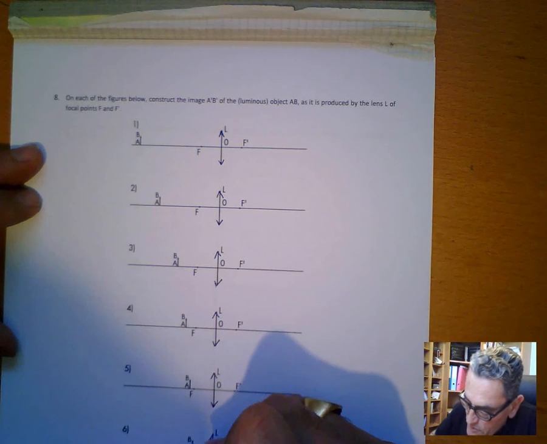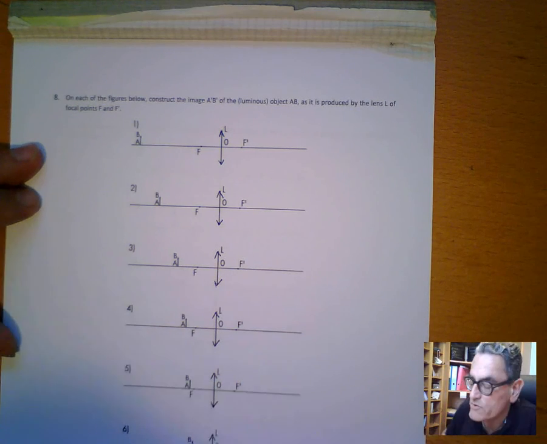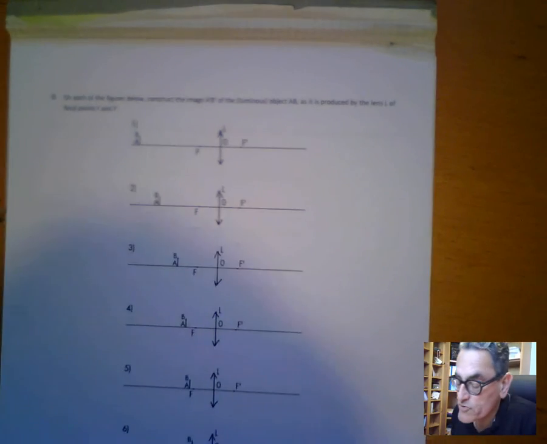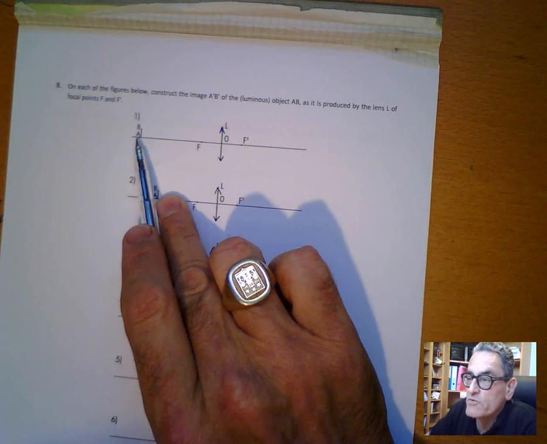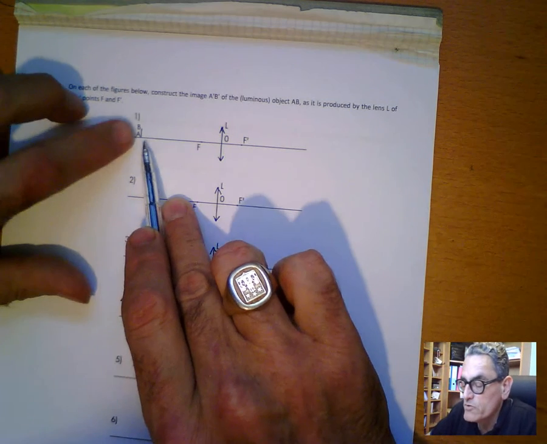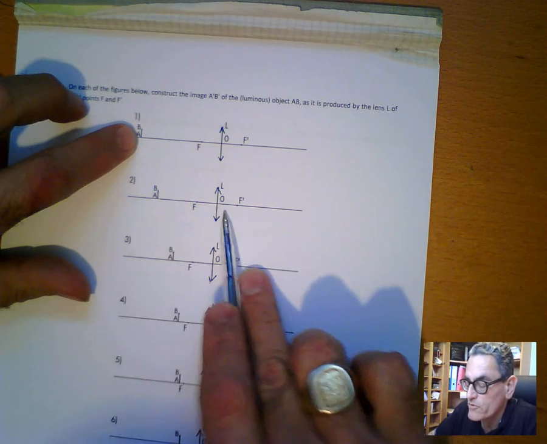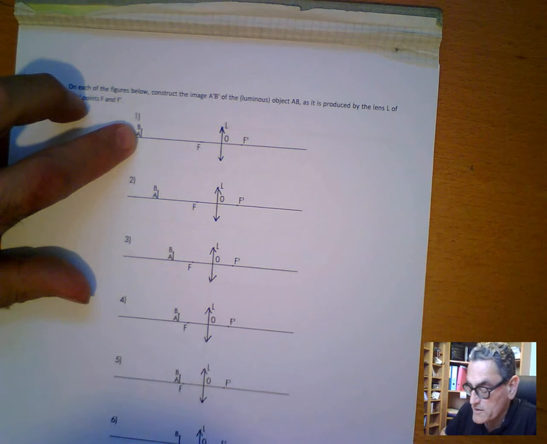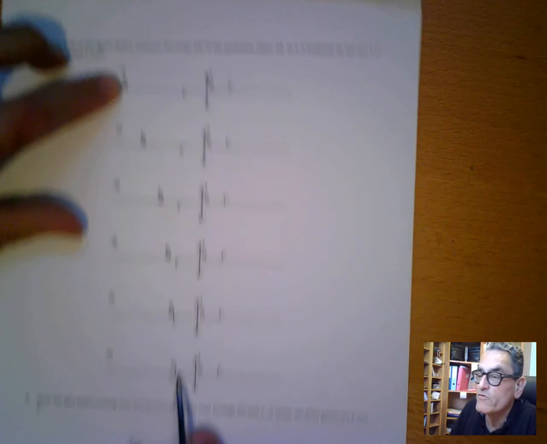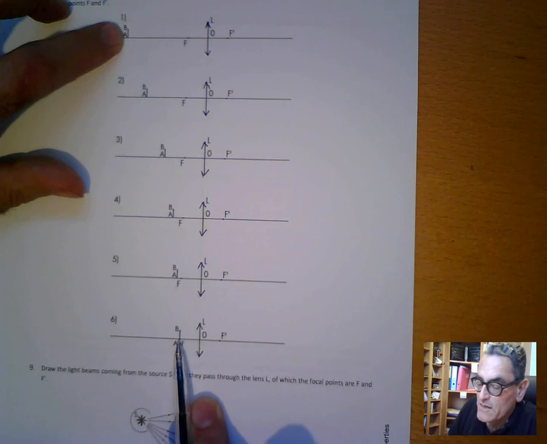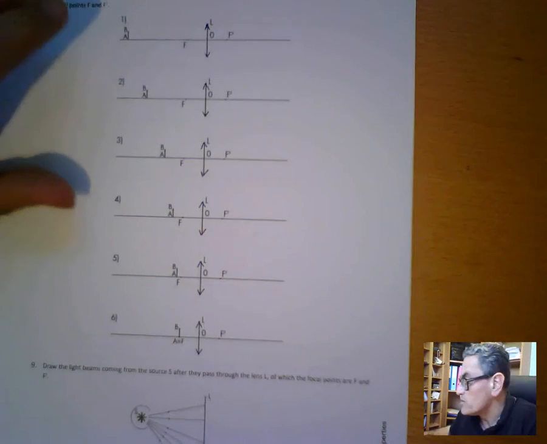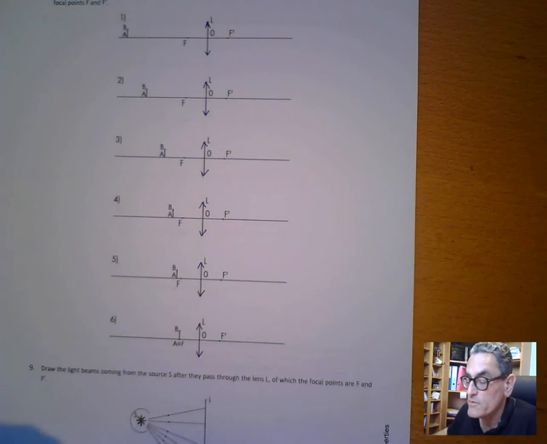This is the first thing you have to look at when you get an exercise: is it a convergent or a divergent lens? Now we have this object, and we are going to move the object closer to the lens, until the situation where the object is at the focal point. And so we are going to construct the images.